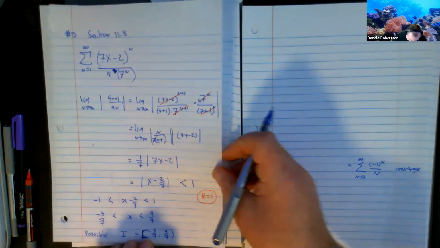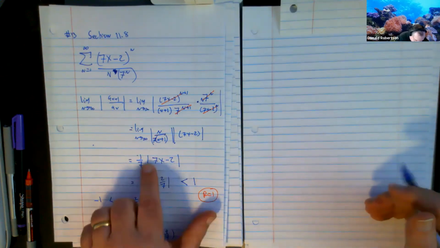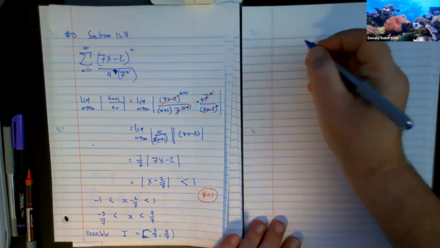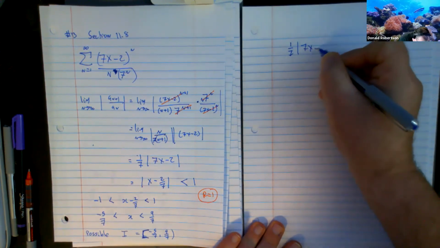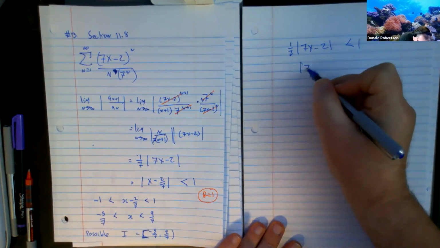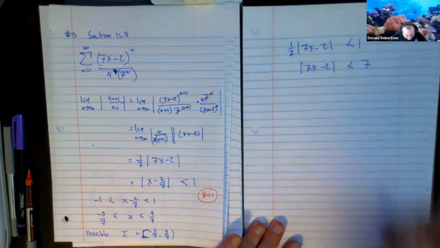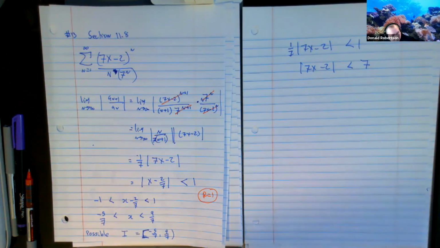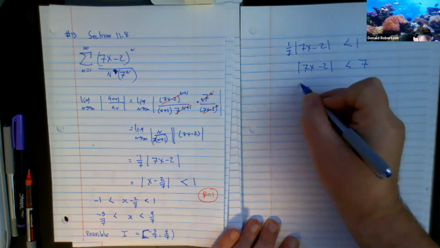Now, I want to show you a different attack to this line. Just a different way of doing it. So we got this guy and it's less than 1. That means this guy is less than 7. Agreed? Now, divide everybody by 7.